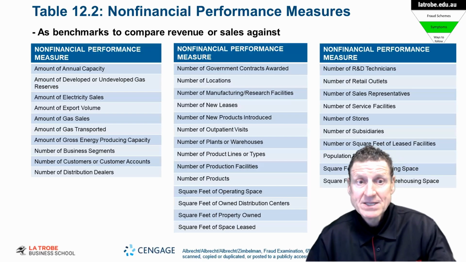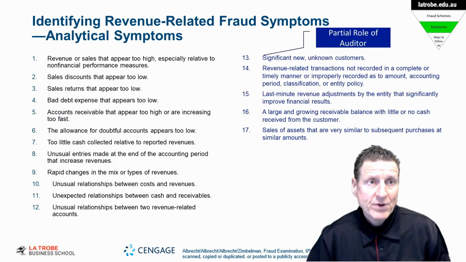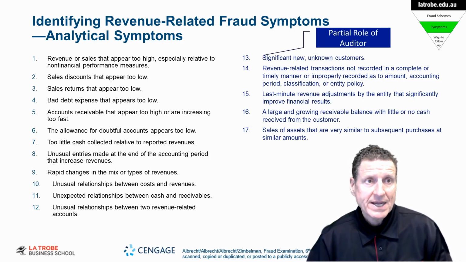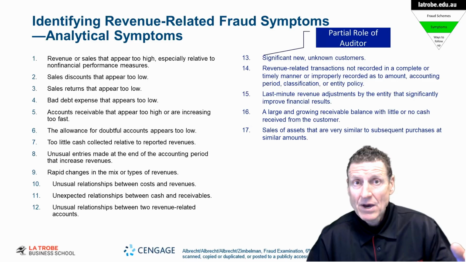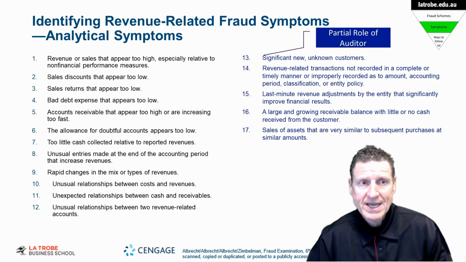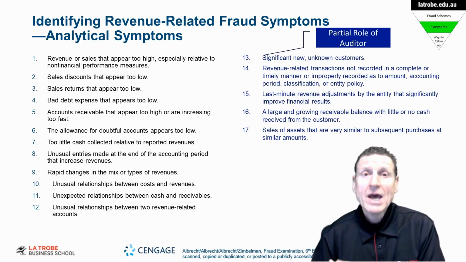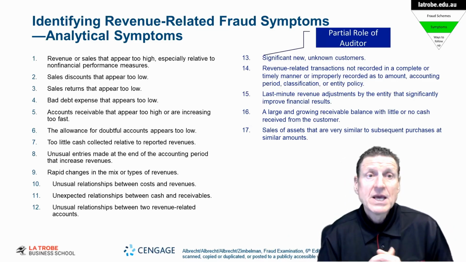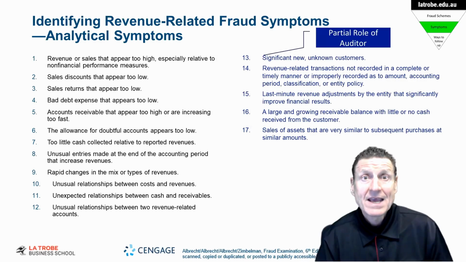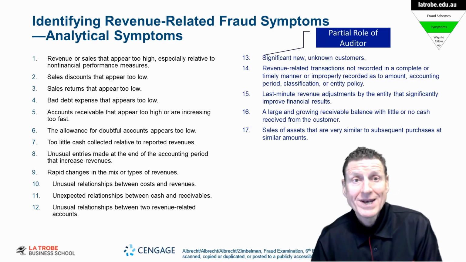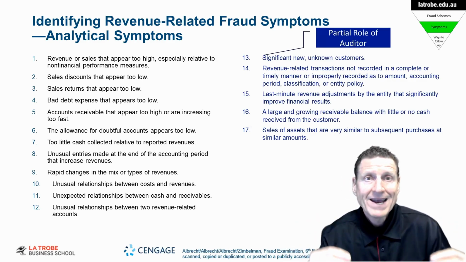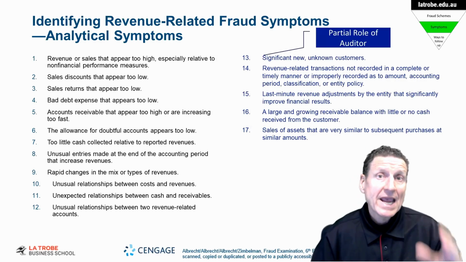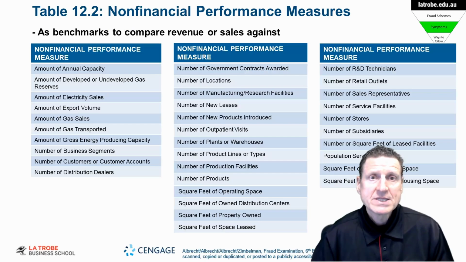And we can come back to this when we look at different analytical symptoms, because there's 17 here where you can look at any of the sales revenue transaction accounts to see, are they too high? Are they too low? Is there something out of the ordinary? A lot of these could be uncovered through horizontal or vertical analysis, but also they could be uncovered by relating back to the non-accounting data in the previous slide.